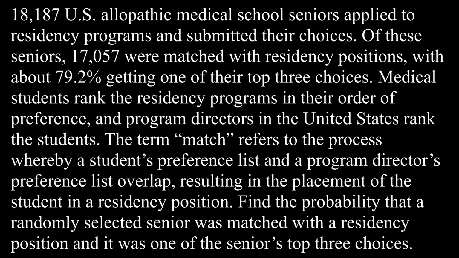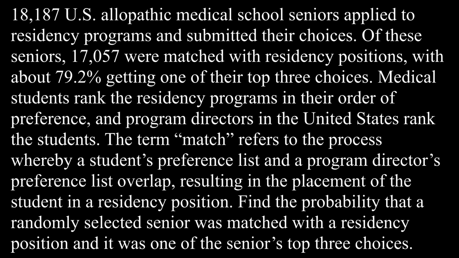Of them, 17,057 were matched with residency positions, where about 79.2% got one of their top 3 choices. Med students rank the residency programs in their order of preference, and program directors in the U.S. rank students. The term match refers to the process whereby a student's preference list and a program director's preference list overlap, resulting in the placement of a student in a residency position.